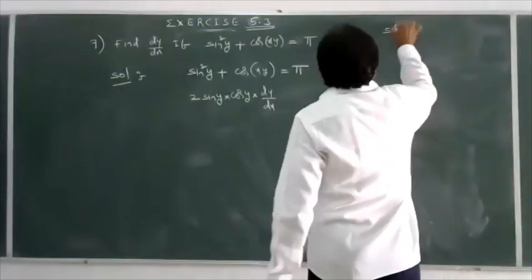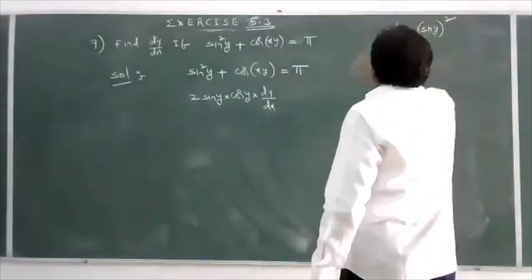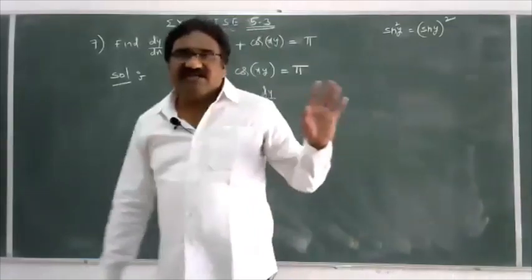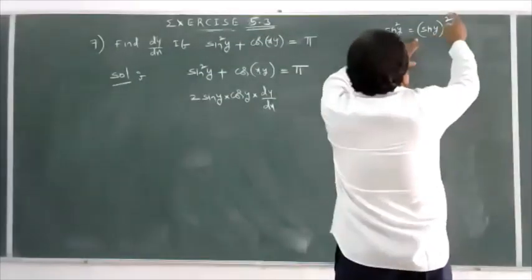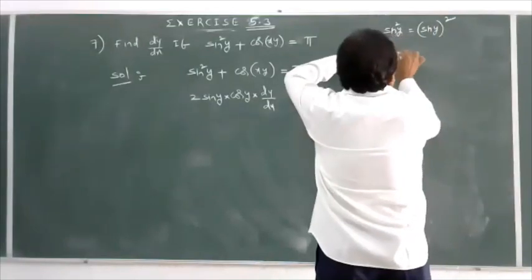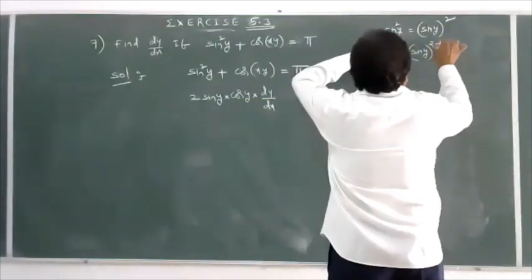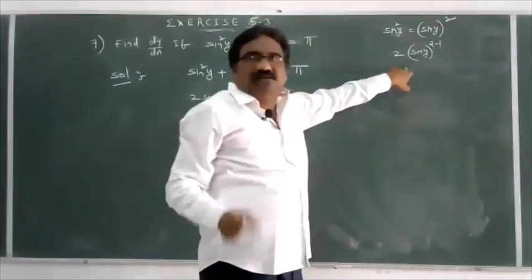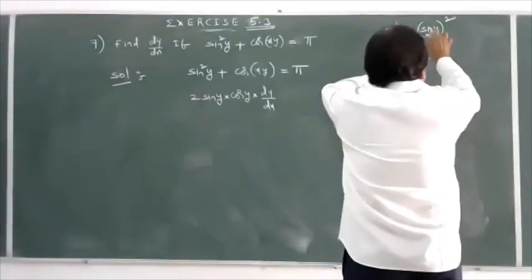Sin square y is nothing but sin y whole square. First, this is in the formula of x power n. That's why 2 into sin y whole power 2 minus 1, n into x power n minus 1, into what is x here?